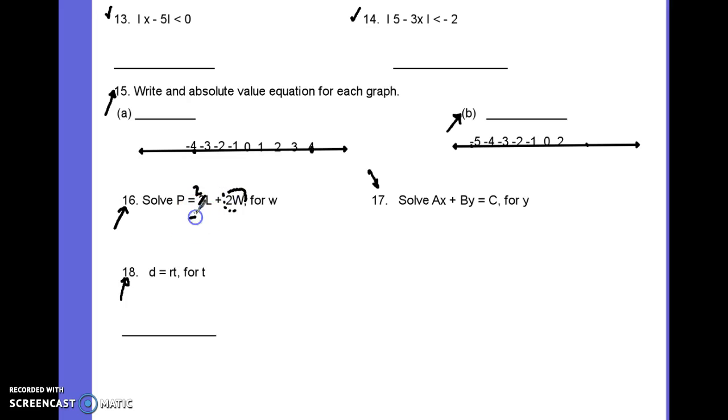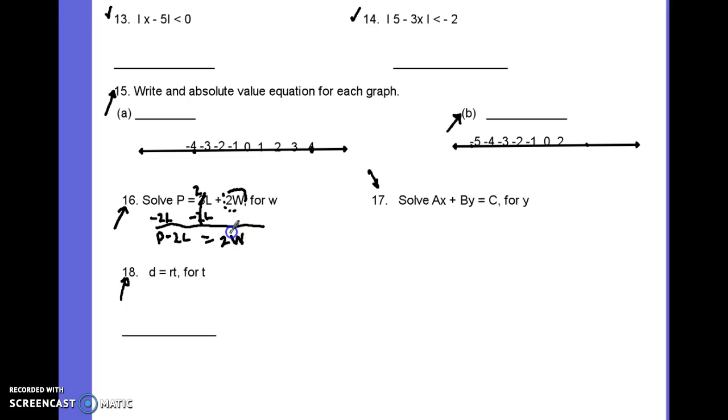We should subtract the 2L from the right side of the equal sign, in which case we have to subtract the 2L from the left as well. So on the left side we have P minus 2L. On the right, the 2L is gone, so we have equals 2W.